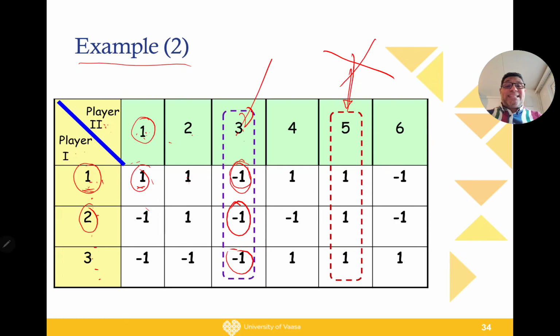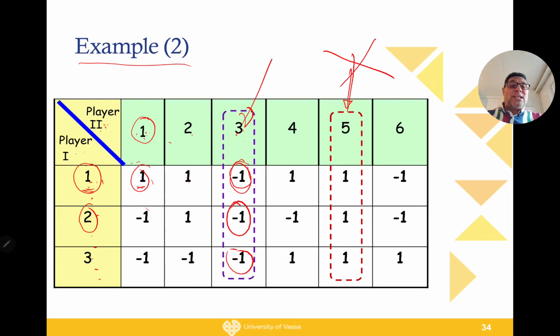Okay, so this game has a dominant solution: player 2 will always win. So it means that in this two-card game, player 1 will always lose as long as player 2 is playing next.